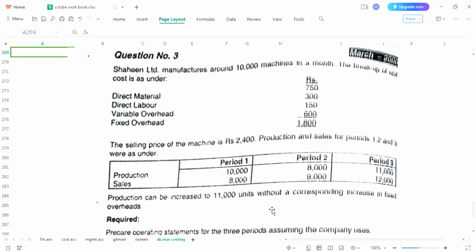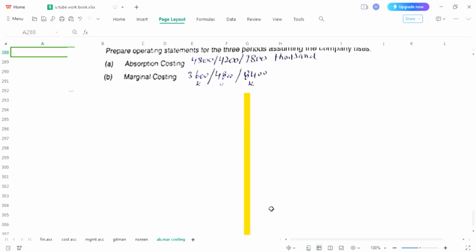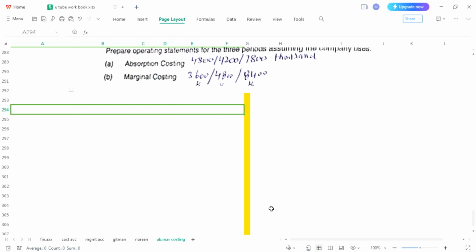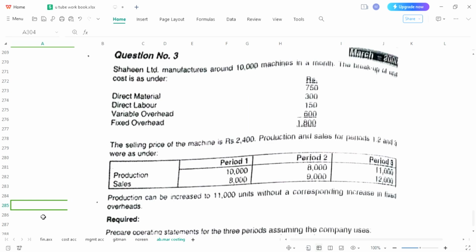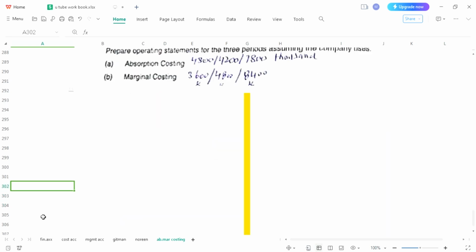We will be completing our income statement according to absorption costing first. So what we will do, we will make the income statement for the first period, and here we will perform the function.